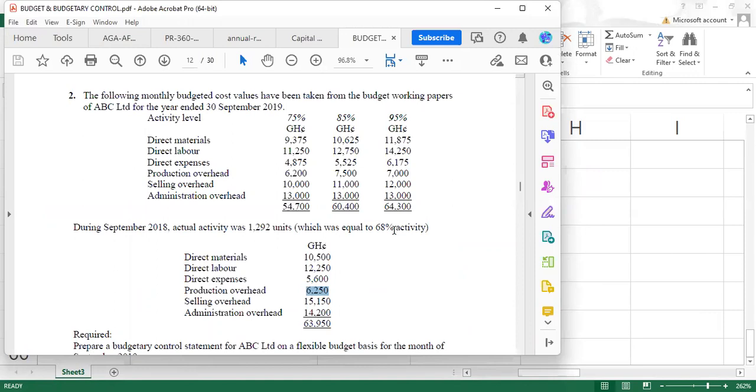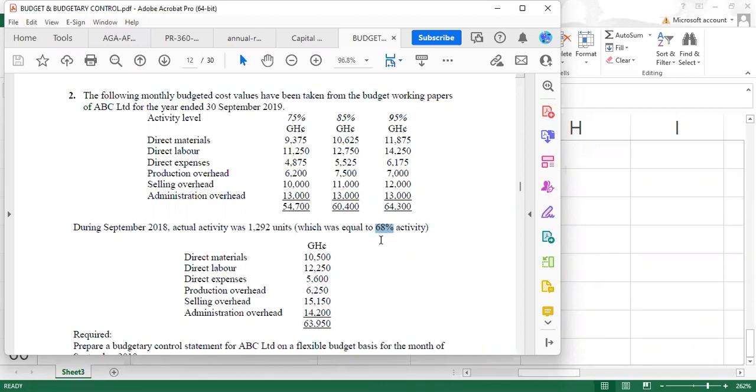So for 68%, what will be the variable cost? 2720. But there's a fixed cost of how much? 3,200. So what will be the total cost now for the 68%?